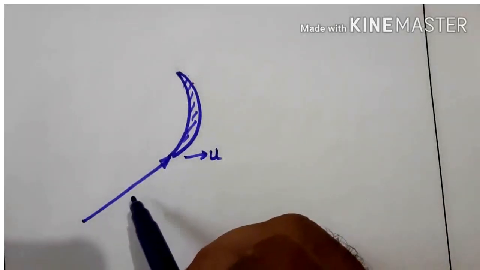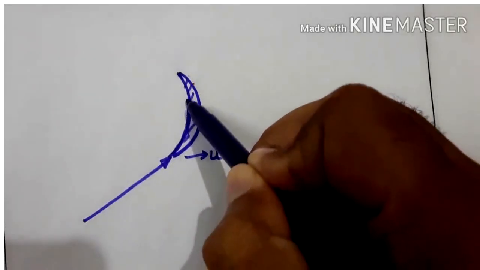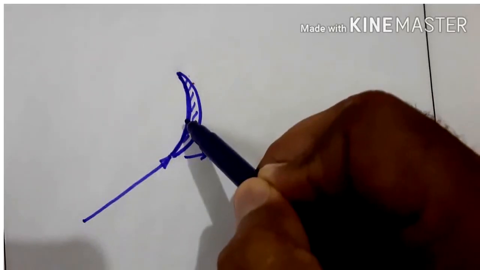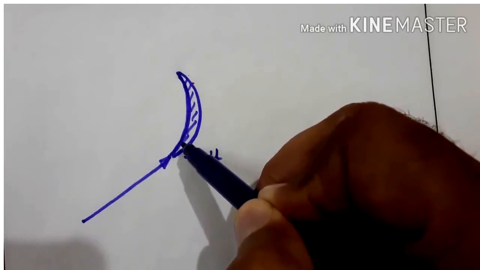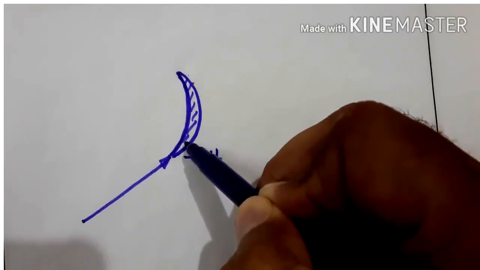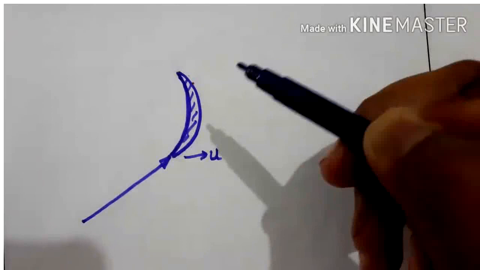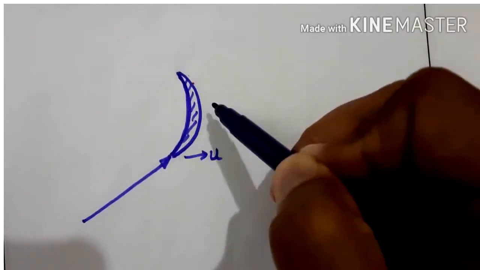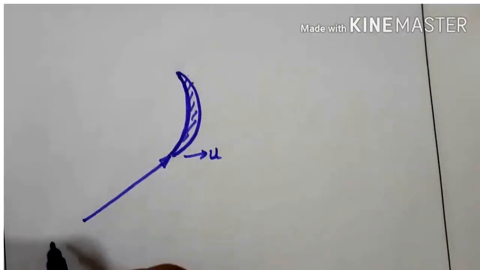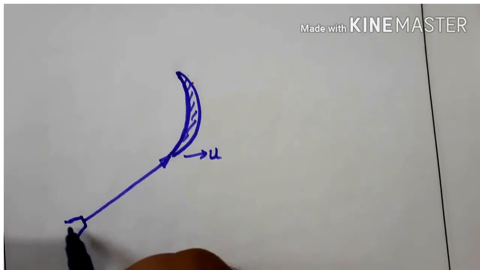As the fluid enters the vane and glides over the surface like this, there is a change of momentum, either in the direction of the fluid, or both magnitude and direction of the fluid change. Here you can see a nozzle, and the jet is coming out of the nozzle.